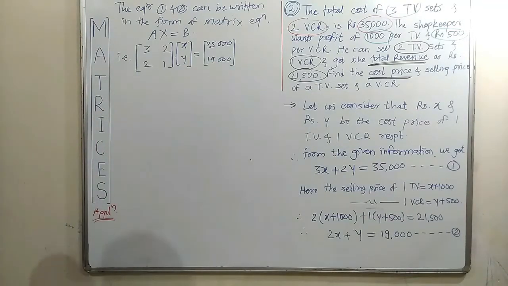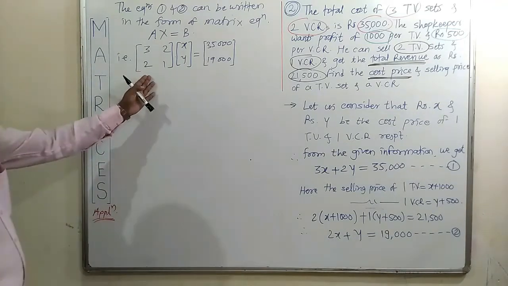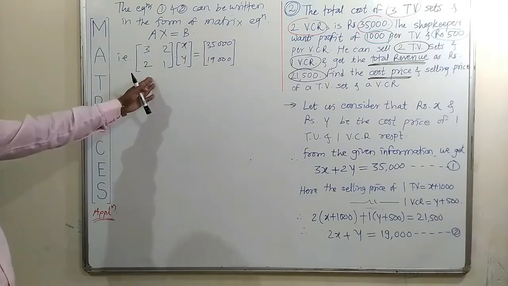So we get the matrix equation AX = B. Now we want an upper triangular matrix or lower triangular matrix.